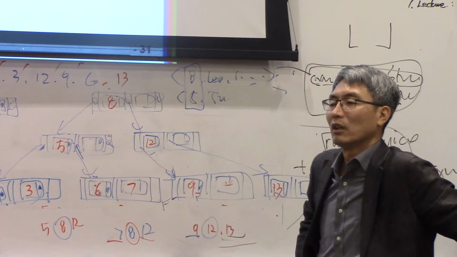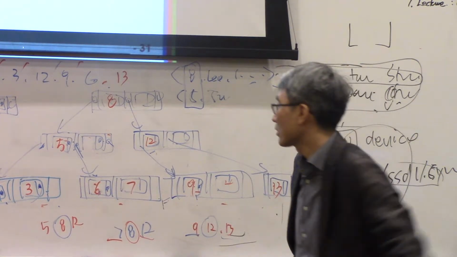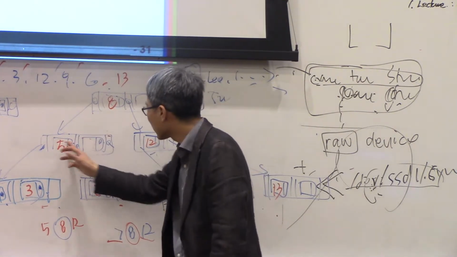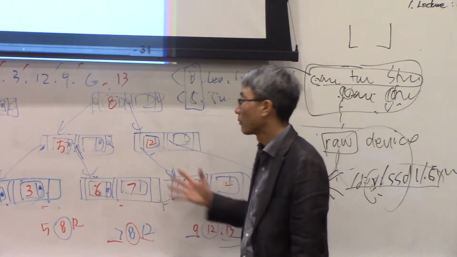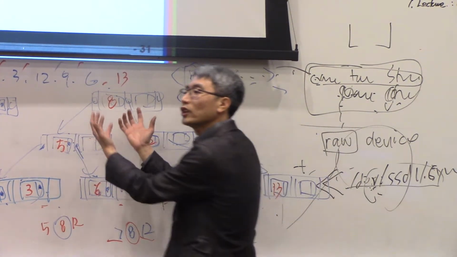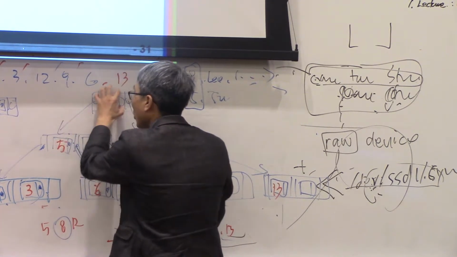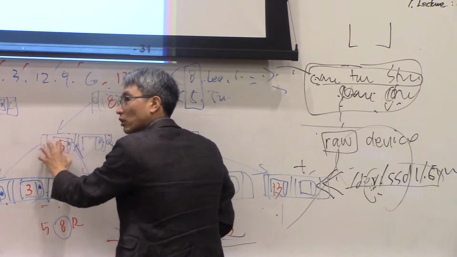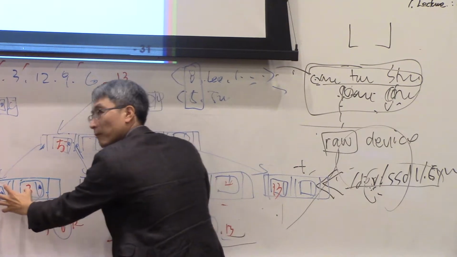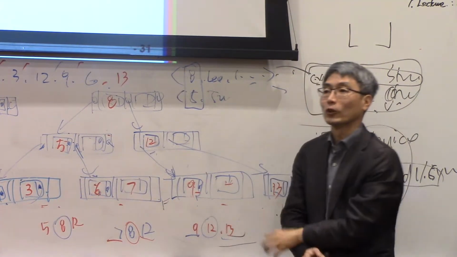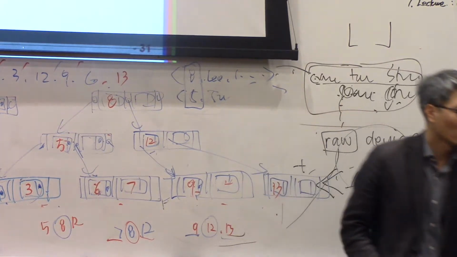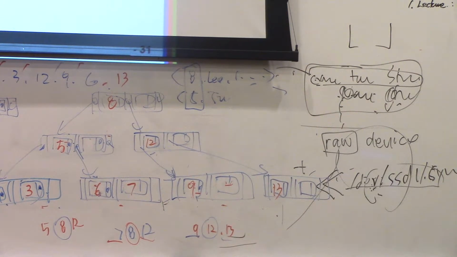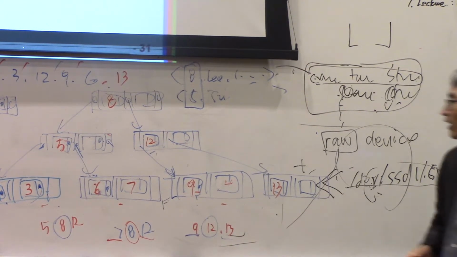Maybe by maintaining copies. The problem with this one is the internal node. The leaf node is okay, but the internal node. So we put down all the internal node index key entries to the leaf node. So how can we do that? We will see in the next class.